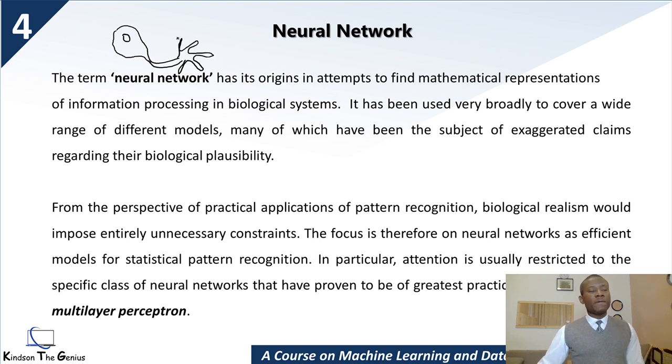Okay, so we have a neuron. Let's say this is how a neuron works. The brain is made up of many of these items called neurons, maybe millions or billions, and they interact, sending signals between themselves.